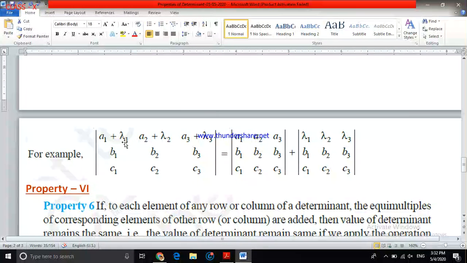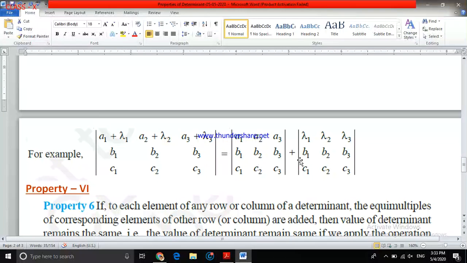I have taken a1 plus lambda 1, a2 plus lambda 2, a3 plus lambda 3, b1, b2, b3, c1, c2, c3. If you find the determinant of this LHS, the answer will be the same as the determinant of the first matrix on the right hand side plus the determinant of the second matrix.